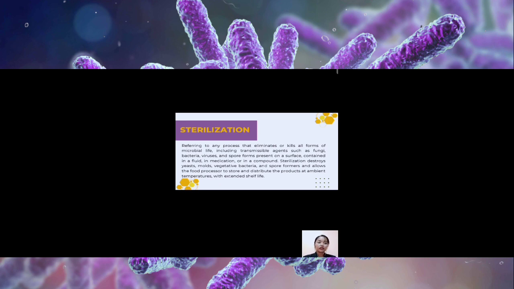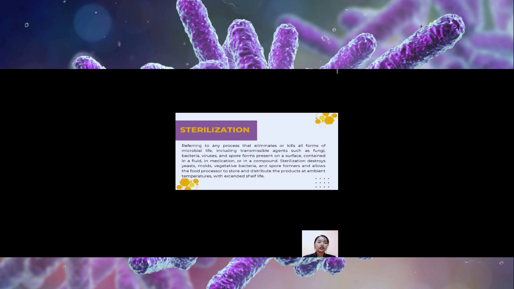Sterilization destroys yeast, molds, vegetative bacteria, and spore formers and allows the food to process or store and distribute the product at ambient temperatures with the extended shelf life. Sterilization prior to filling in the container, as accomplished in aseptic processing, requires relatively short heating periods.